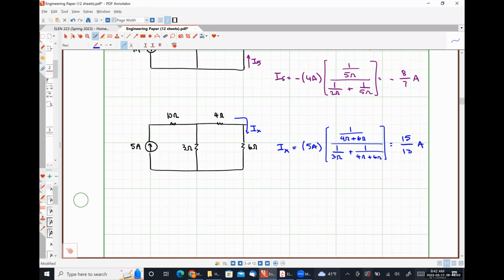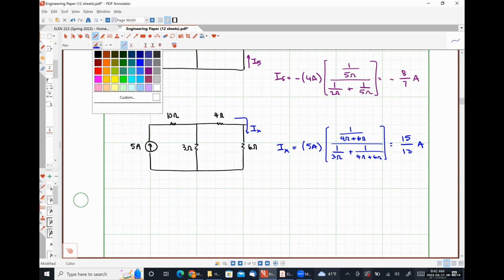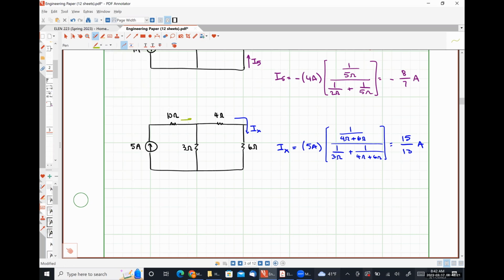What's your question? The 10 ohm resistor. I was waiting for this question. Why isn't the 10 ohm resistor showing up in this equation? Absolutely fantastic question. Exactly what I was expecting. How much current flows through the 10 ohm resistor? 5 amps. So we know that the current that's entering that parallel combination is 5 amps.